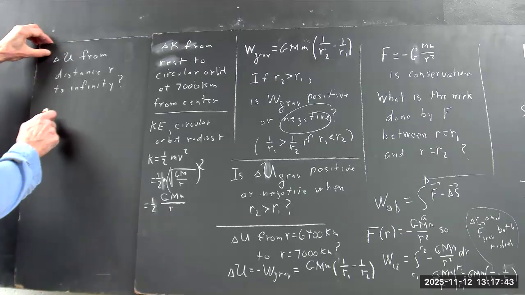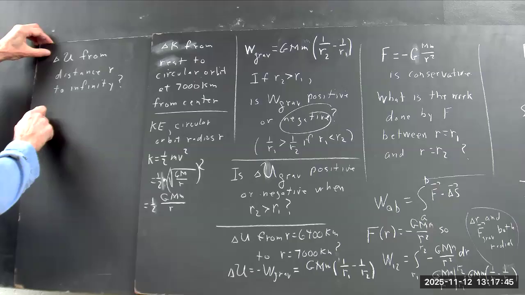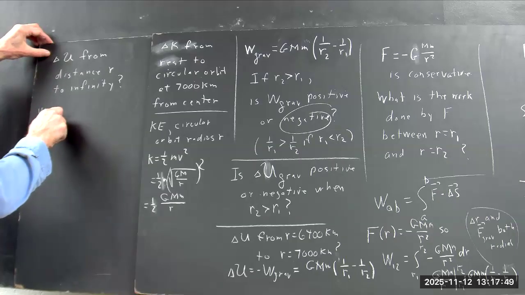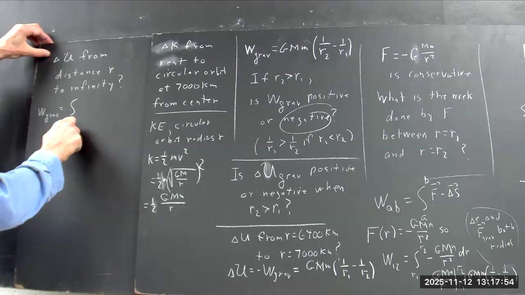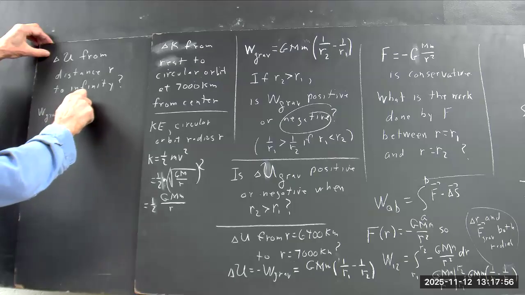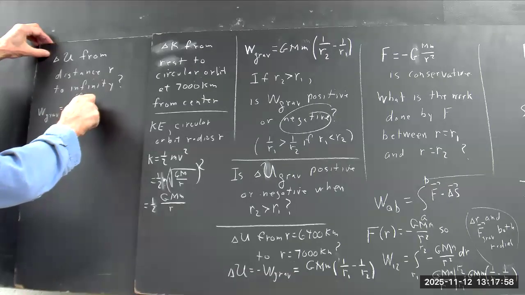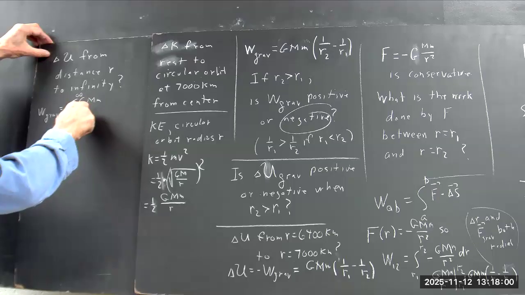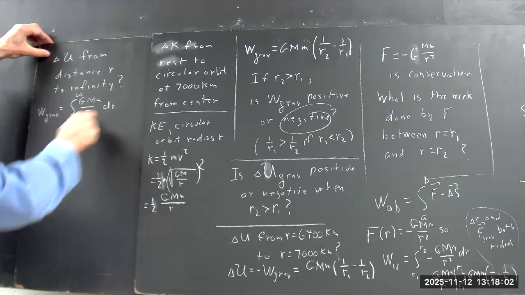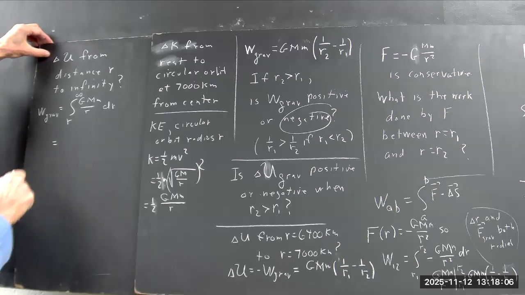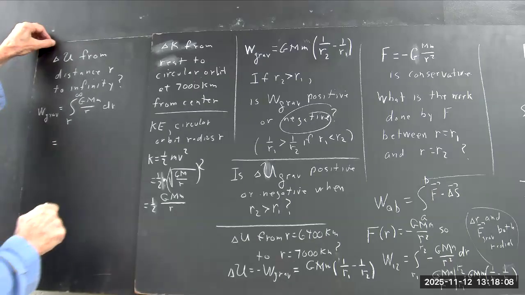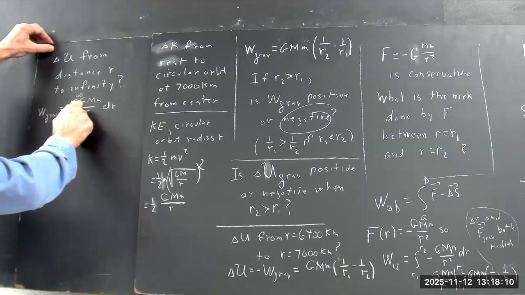We can move that out. I'll just do it quickly. Work done by gravity is the integral from r to infinity of big G, big M, little m over r squared dr. And that should be negative.